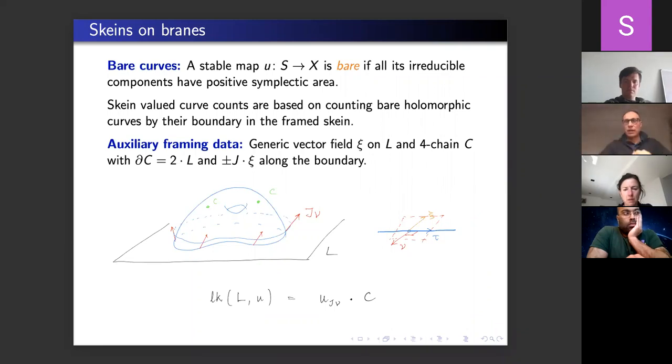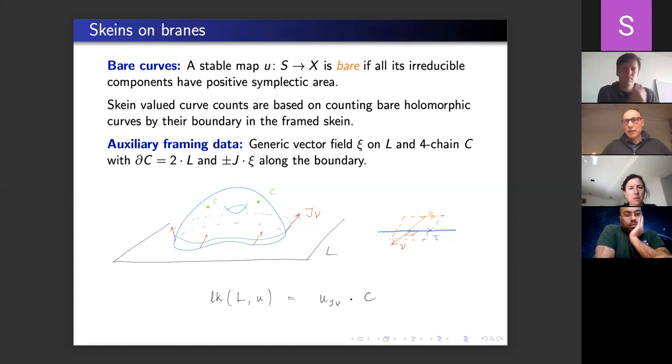The stability condition means that either your domain is stable, meaning you have just finitely many automorphisms, which puts restrictions on spheres, for example. A sphere needs to have at least 3 marked points. Otherwise, if the component is not stable, it needs to have positive area. We call these curves bare curves if all their components have positive area.